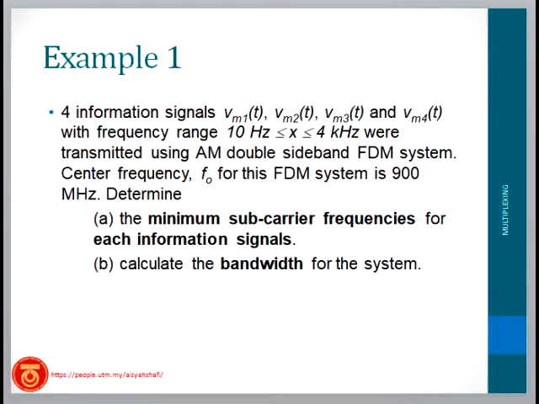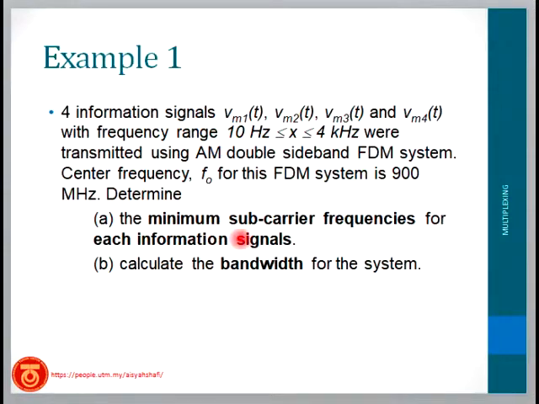Okay, let's try this example. For information signals VM1, VM2, VM3 and VM4 with a frequency range of 10 Hz to 4 kHz transmitted using an AM double sideband FDM system, the center frequency F0 is 900 MHz.